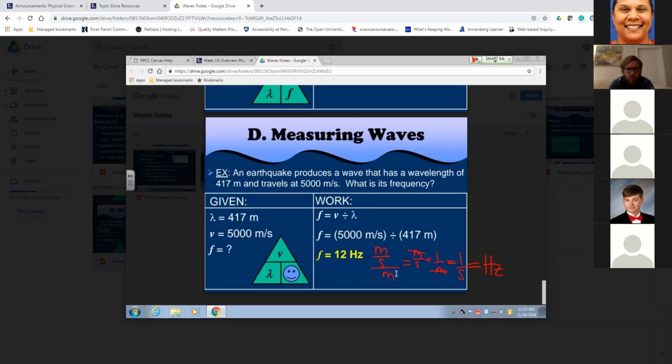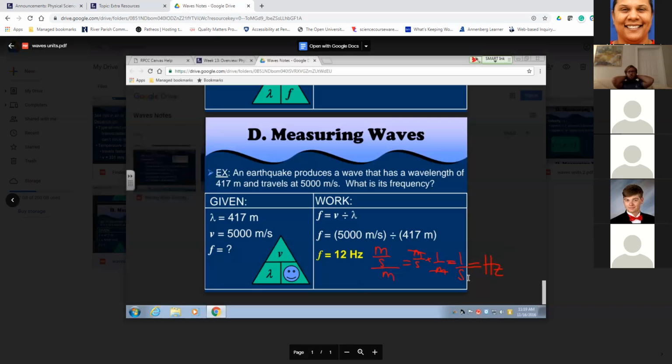This meters on the bottom in the denominator is also a fraction because I can write it over 1. And so then I just take meters per second times the reciprocal, 1 over meters. Meters cancel out. I'm left with 1 over seconds. That is the definition of a hertz in terms of units. So that's how that all breaks down to get a hertz as the final unit.